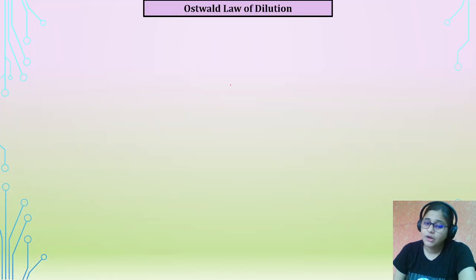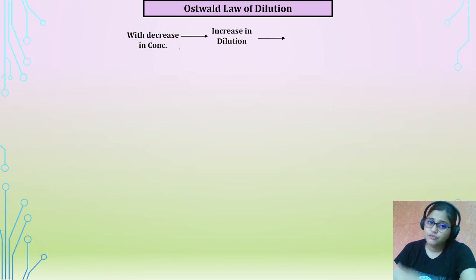What is this? Just now we have read that with a decrease in concentration, that is, an increase in dilution or increase in volume. Increasing the volume means decreasing the concentration, because concentration is what? Moles per liter, or moles per volume.